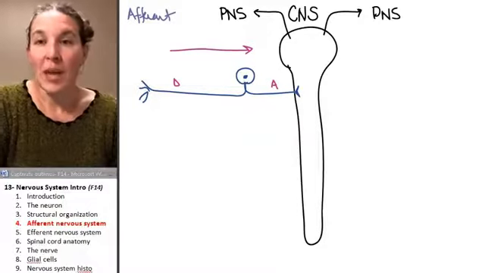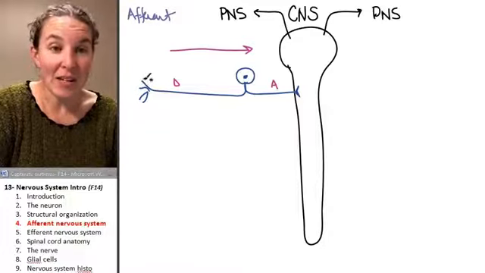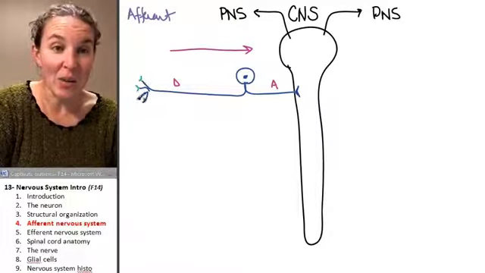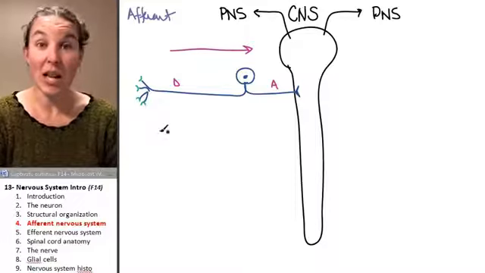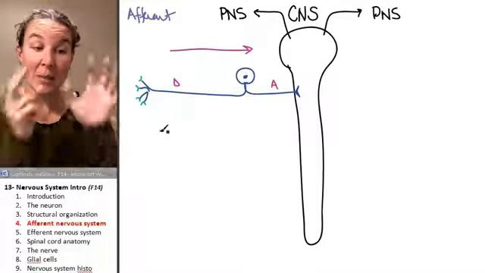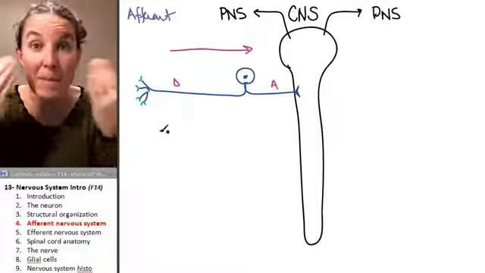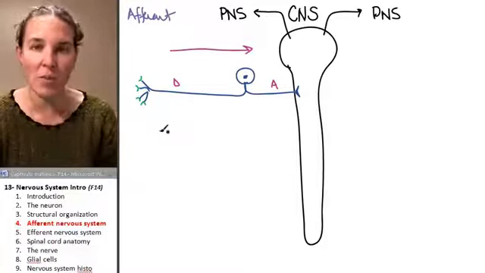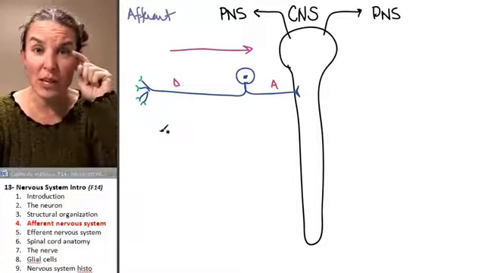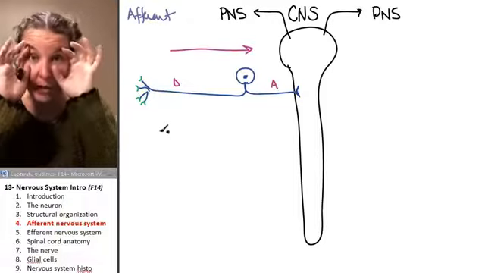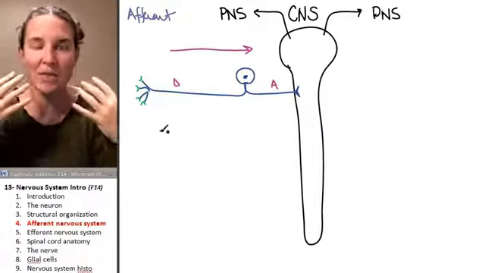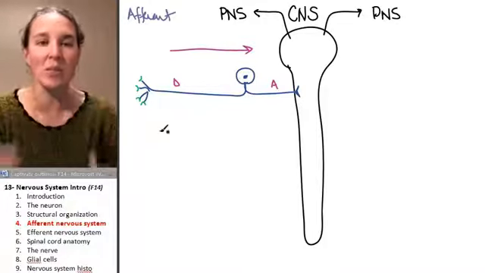Afferent information, we have to have something out here receiving information. And you actually have specialized receptors. You have specialized dendrites that pick up sensory information from the world. Your eyeballs are a giant sensory receptor that pick up light information and take it to your brain to be processed.